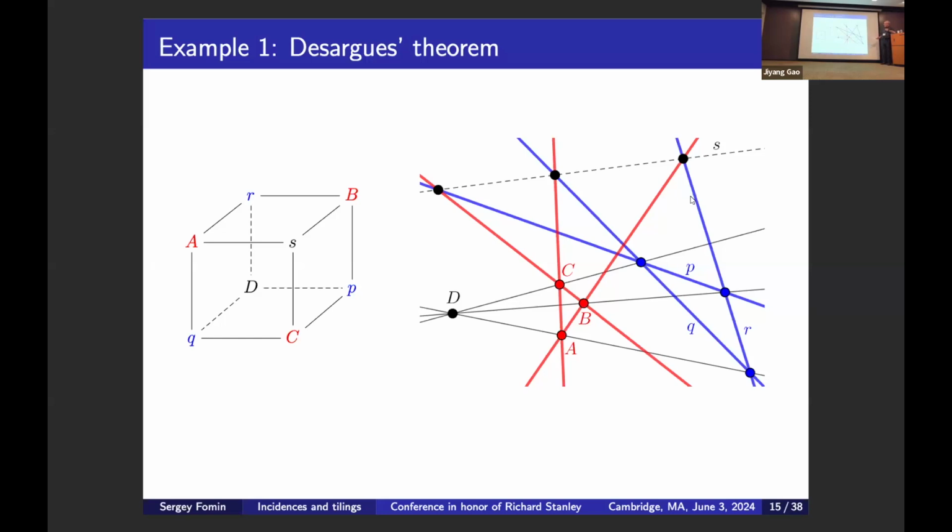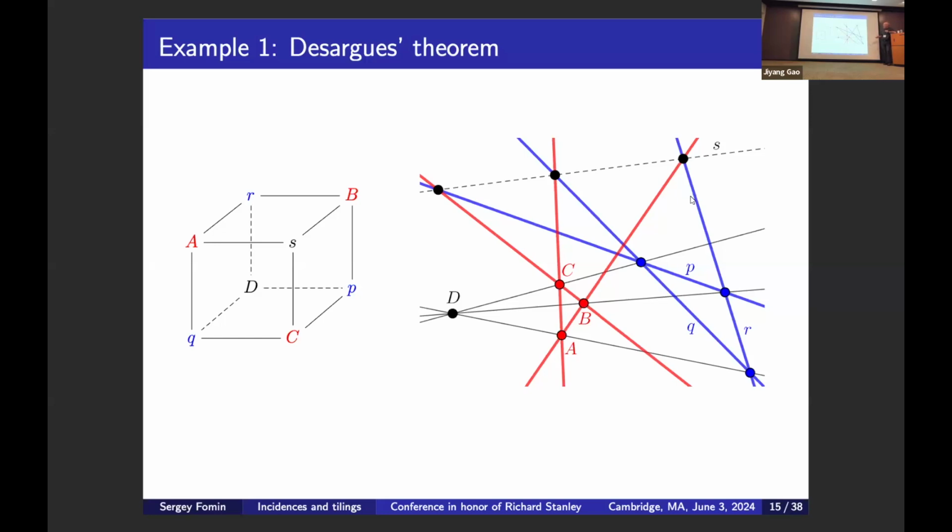So AC goes this way, and R and Q intersect at this point, and that point surely lies on the line AC. That's the coherence condition. Let's take another one, let's say CD, PQ.